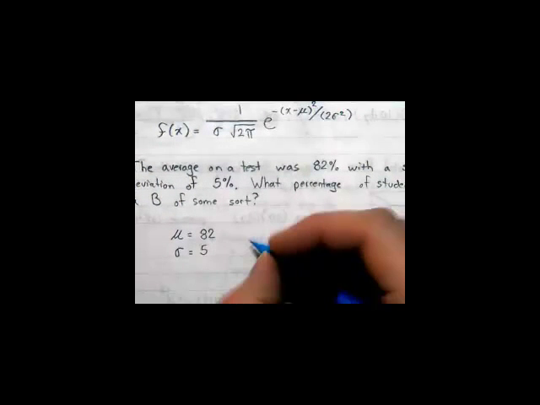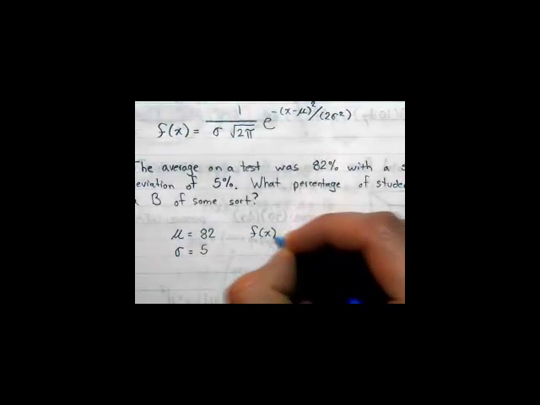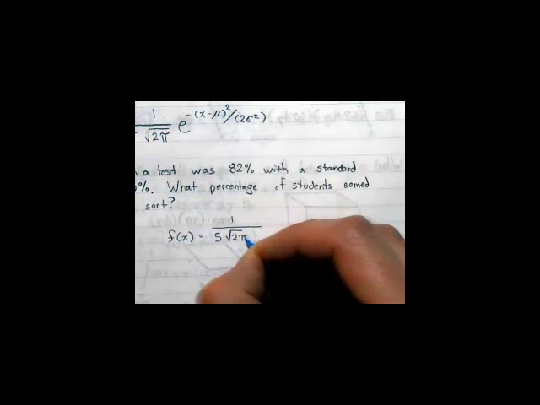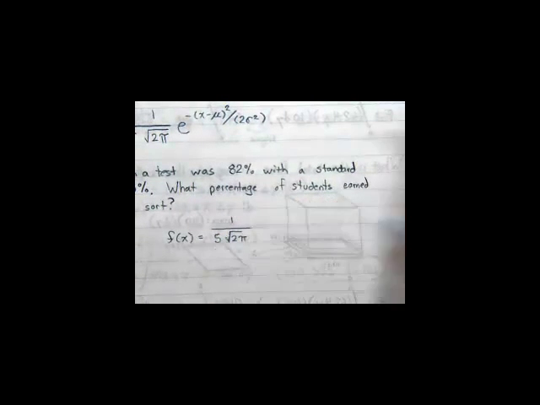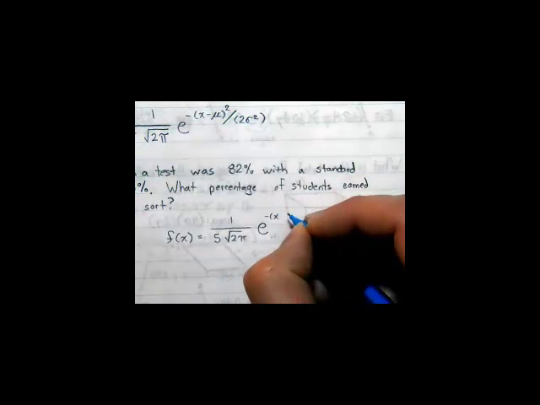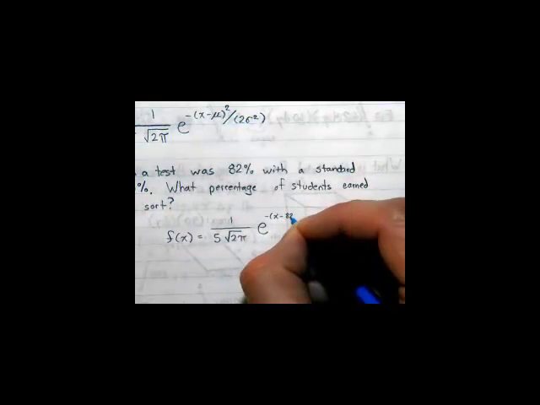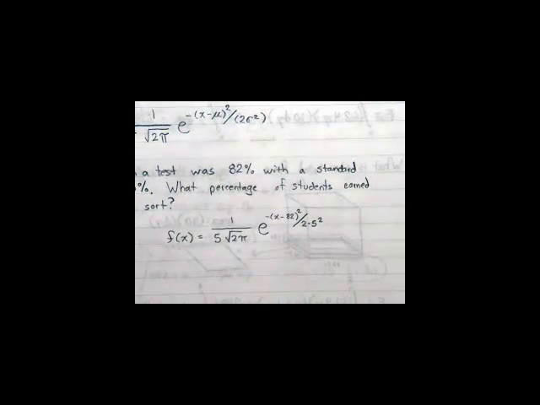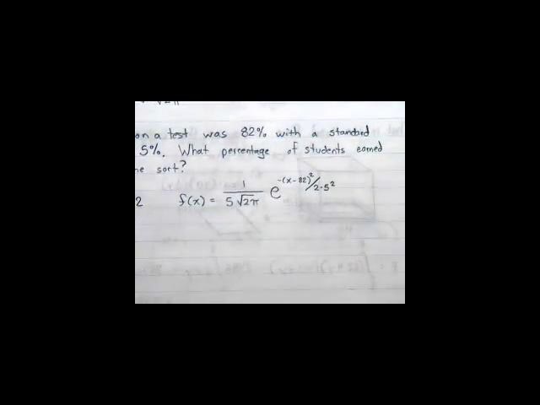Okay, so our f of x then for this, we've got 1 divided by 5 square root of 2 pi, e to the negative x minus 82 squared over 2 times 5 squared. All right, so let's clean that up a little bit.